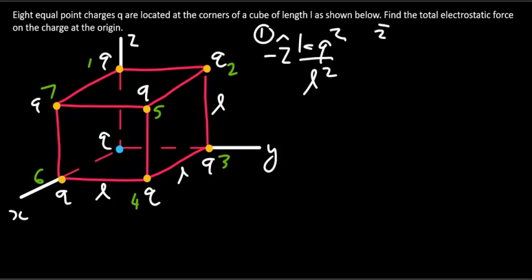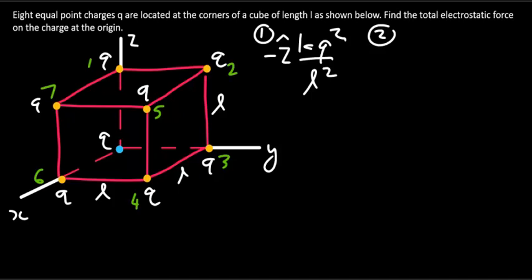Now let's do charge number 2. Charge number 2 is there, so it will push the charge diagonally that way. So the direction of that force is in the zy plane.